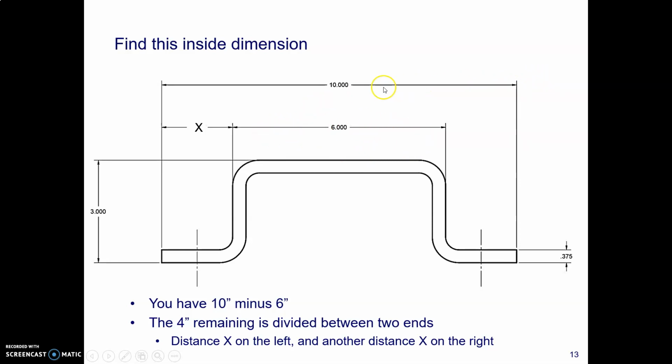So we have 10 inches minus 6 inches. That gives us 4 inches left over, and the 4 inches is divided between the right end and the left end. So 4 inches divided by 2 gives us 2 over here and 2 over here. Distance x here is 2 inches.